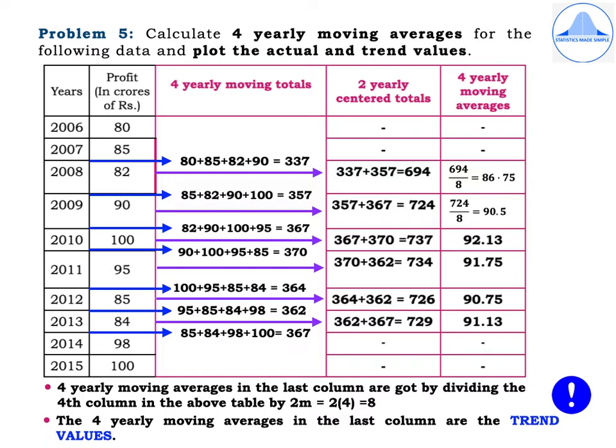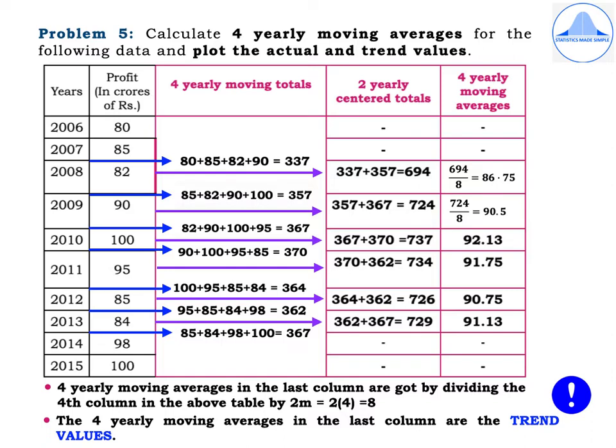Let us learn to find out the 4 yearly moving totals. So we have to add 4 values at a time and write it corresponding to their middle year. So the first 4 profits which we have are 80, 85, 82, and 90. So we have to add these values. Now the middlemost year for 2006, 2007, 2008 and 2009 is between 2007 and 2008.